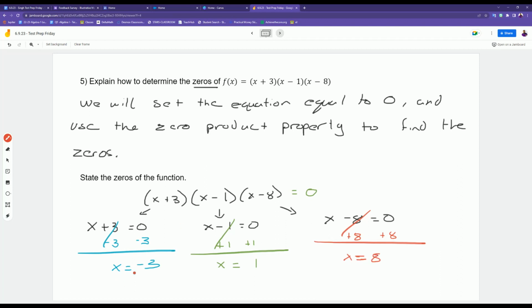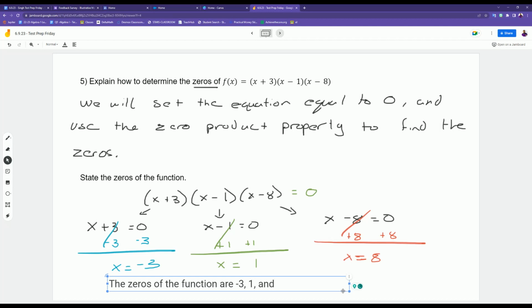So the zeros of the function are negative 3, 1, and 8. And those are your solutions.